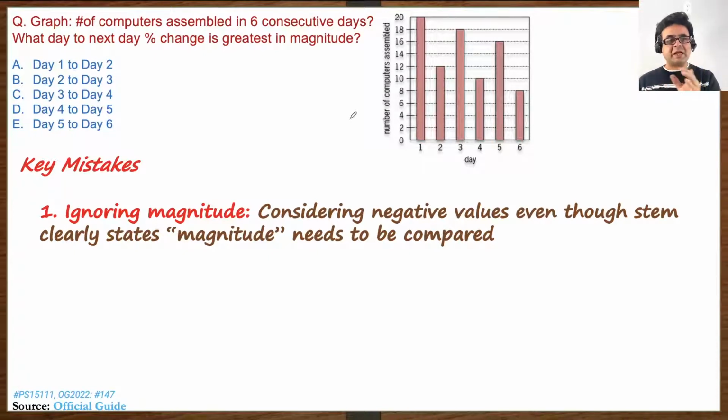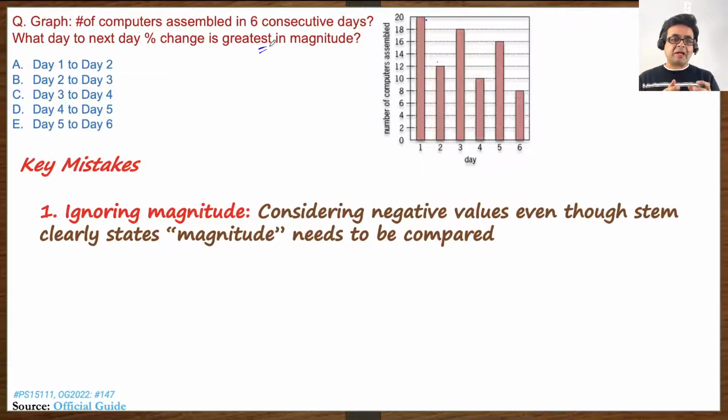So the first mistake everybody I have known initially makes is ignoring the word magnitude in the problem. Magnitude means just the magnitude of the change. It doesn't matter what the sign of the change is. A lot of people assume that since a change is negative, it is small, and since we have to find the greatest, they don't need to find that particular change.